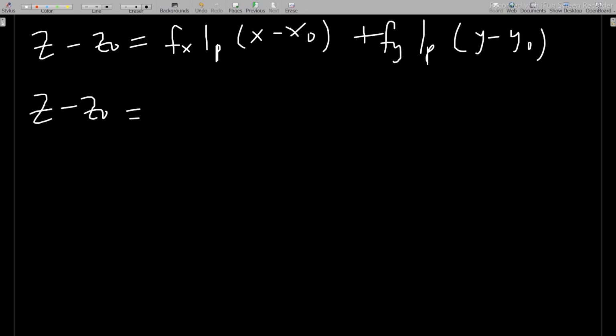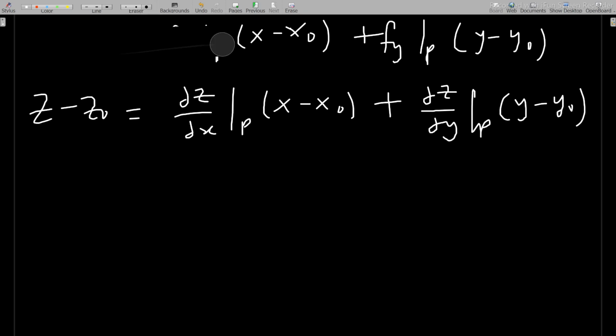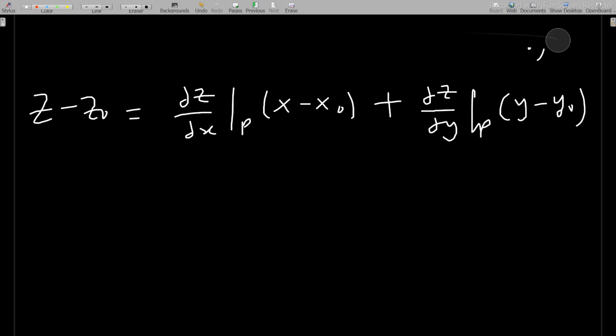Then instead of fx, we will use del z del x simplified as p, since this is implicit, plus del z del y simplified as p, y minus y naught. I hope this is okay for you. So that is what we'll use. We won't use the first one since this is implicit. So you have to know the reason why.